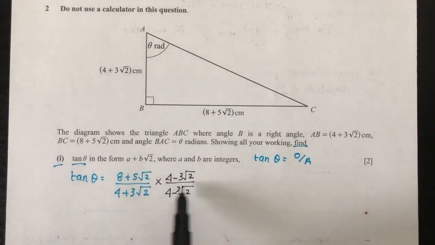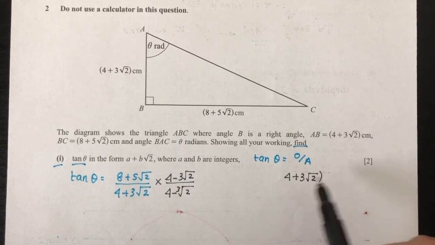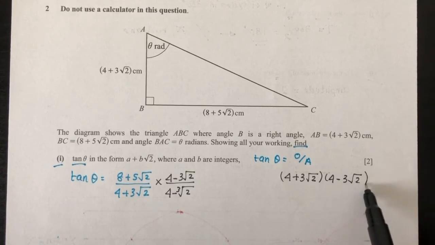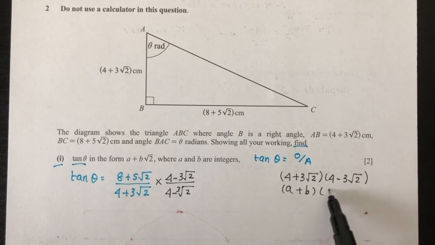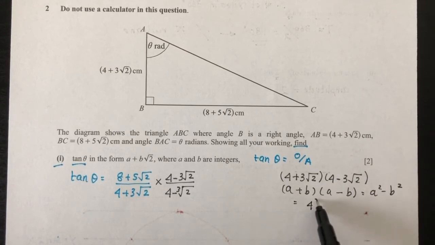So let's find out what this times this is. 4 plus 3 root 2 times 4 minus 3 root 2. This is very similar to a plus b and a minus b, which is equal to a square minus b square. In the same way, this is equal to 4 square minus 3 root 2 square.